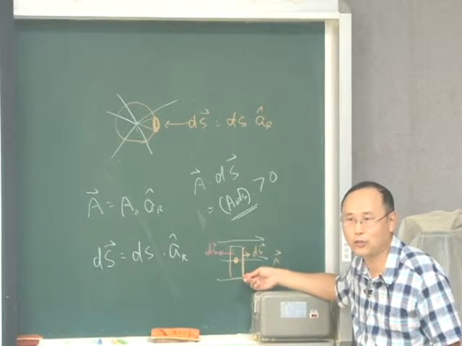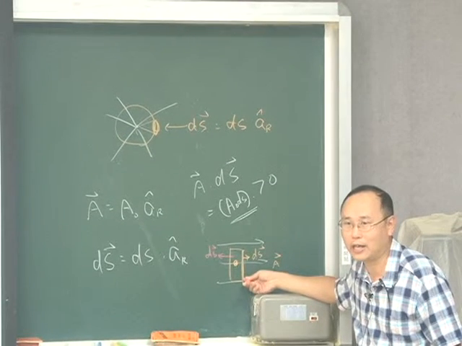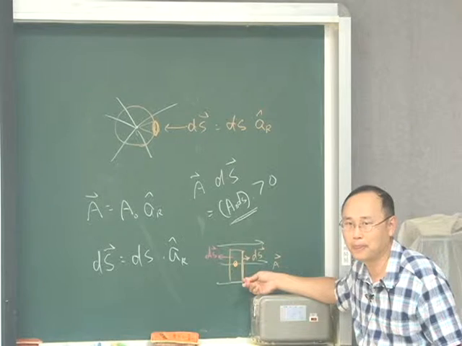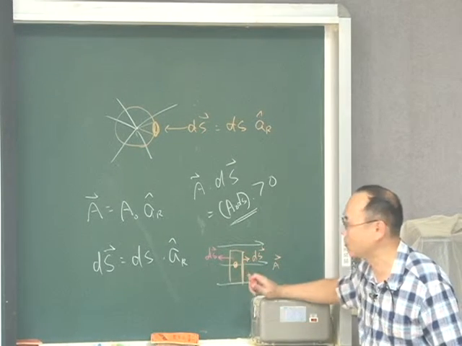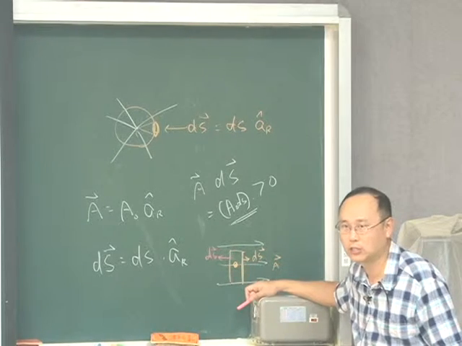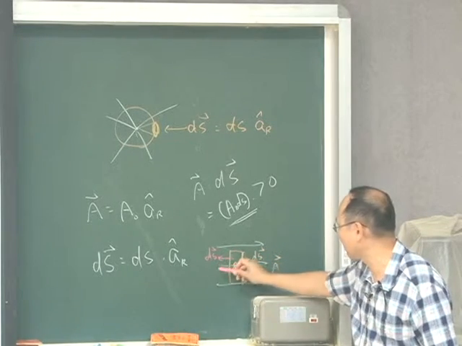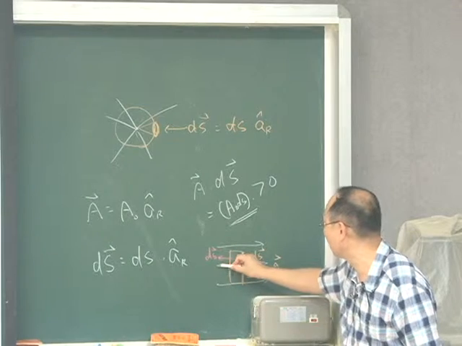So for this solenoid field, the divergence of A is equal to 0. Because the surface direction flips backward, but the direction of A is still along this direction.